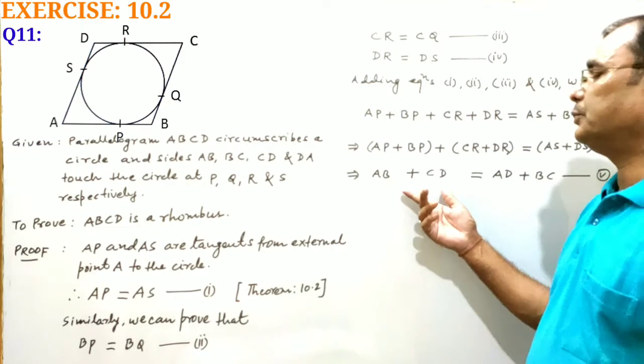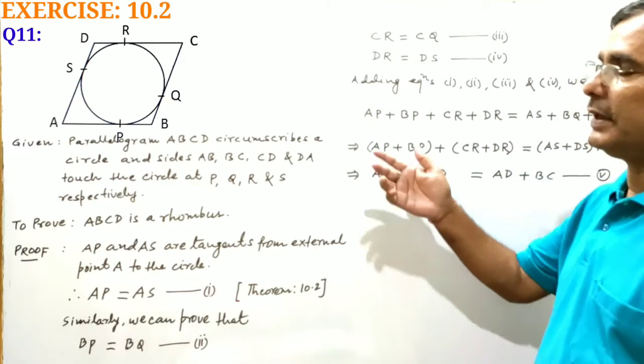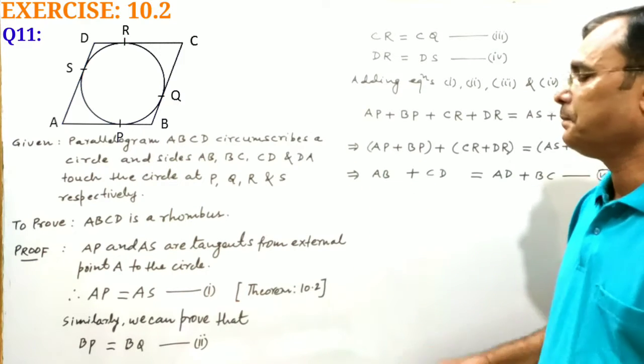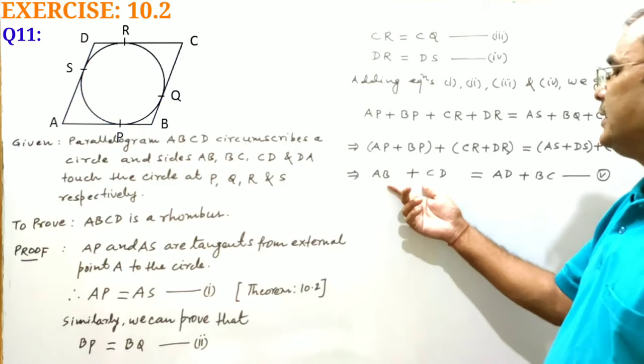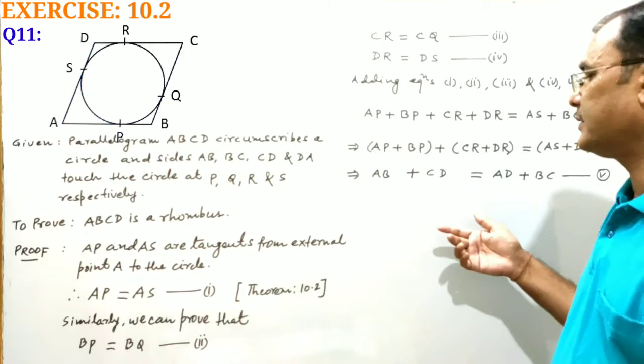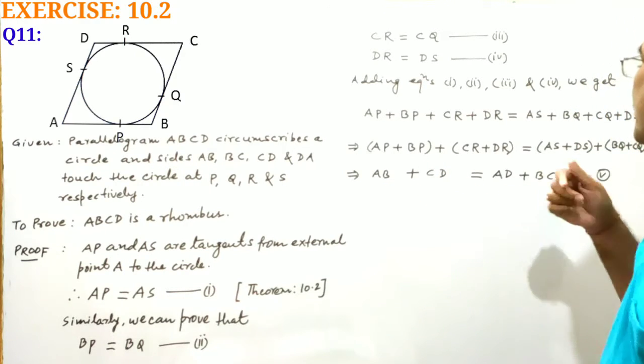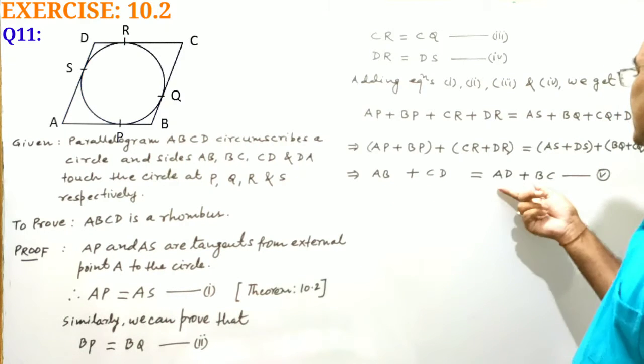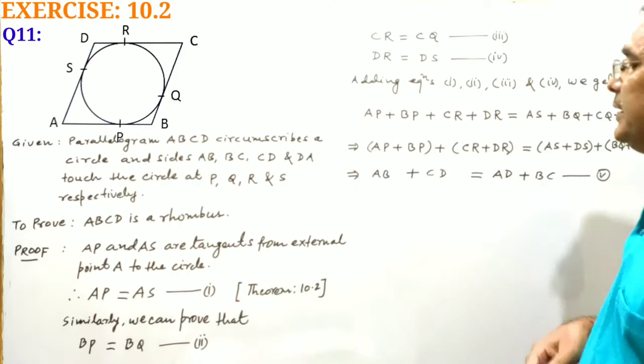So we have proved here this result for parallelogram ABCD circumscribing a circle, that the sums of opposite sides are equal: AB plus CD equal to AD plus BC.